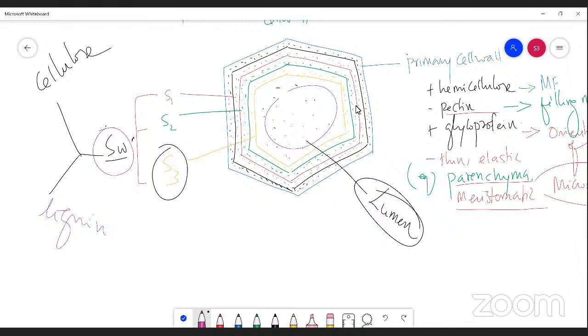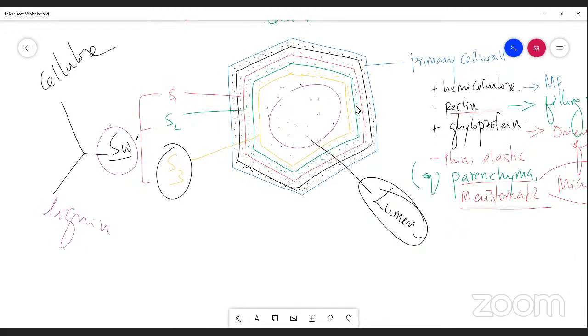So simply, the components of the secondary cell wall are cellulose and lignin, whereas the components of the primary cell wall are hemicellulose, pectin and glycoprotein. Then what is the nature of the secondary cell wall? The secondary cell wall is very thick in nature.